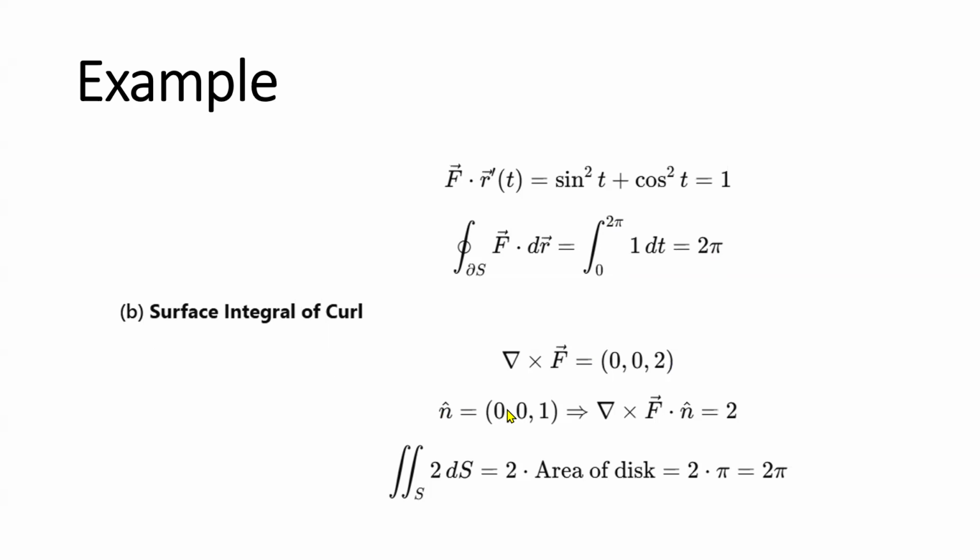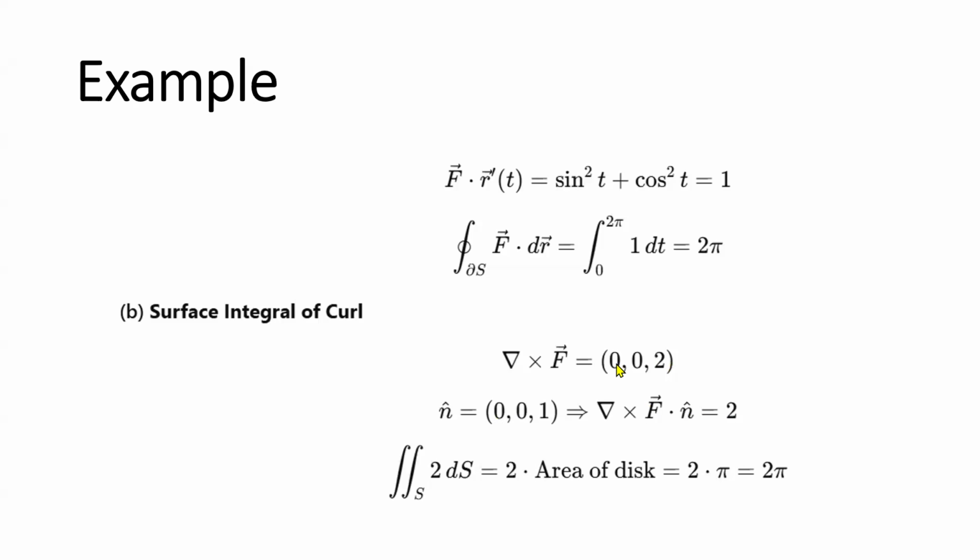As the disk lies in the xy plane, n has only a z component. So curl F dot n cap equals 2.